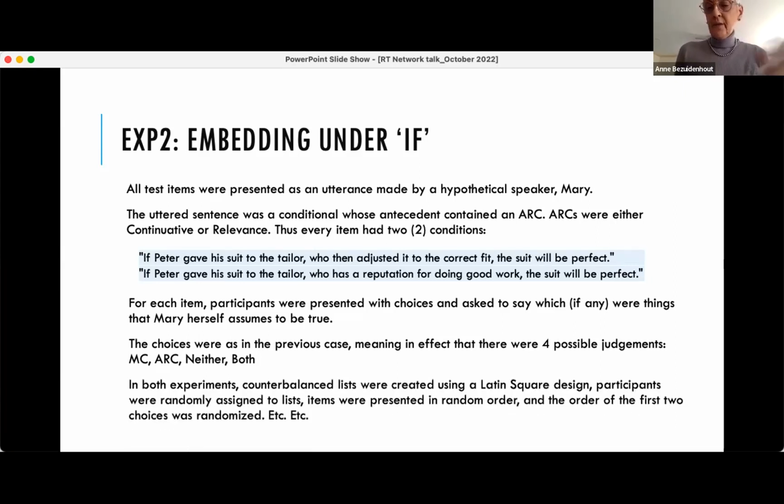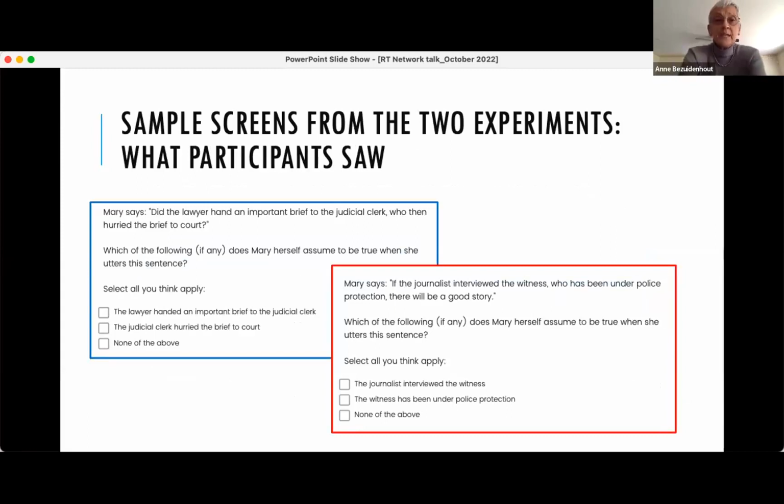Of course, I don't want to spend time describing all the things we did to make sure that it was a well-constructed experiment, but here are some sample screens that people would have seen in answering these questions. The one in blue would be the question condition with the continuative arc.